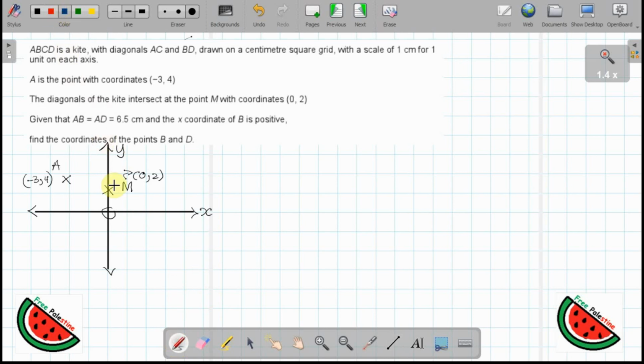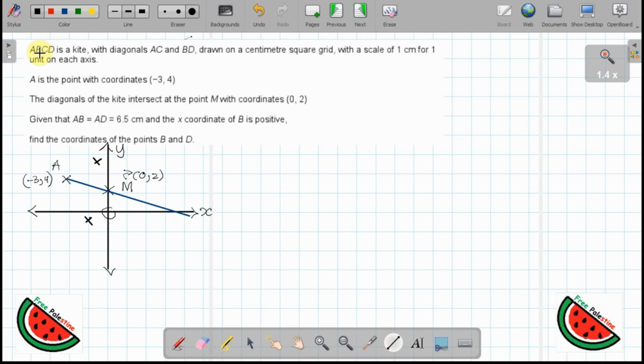I'm going to draw this diagonal first. Let me choose the straight line tool. So we'll go here. I'm going to just extend it a bit. And B over here, and D over there. And let's join them up.